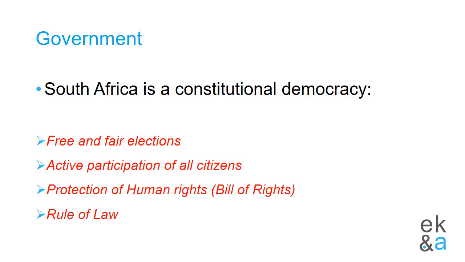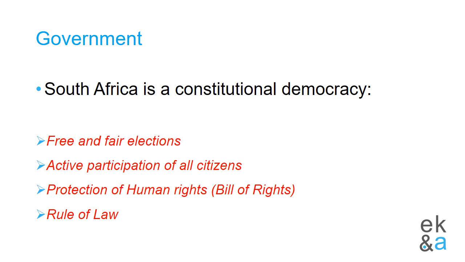The pillars of democracy are free and fair elections, active participation of all citizens, or individuals or institutions, that must all be given the opportunity to take part in the making of decisions that affect them. Protection of human rights is also a pillar of democracy.